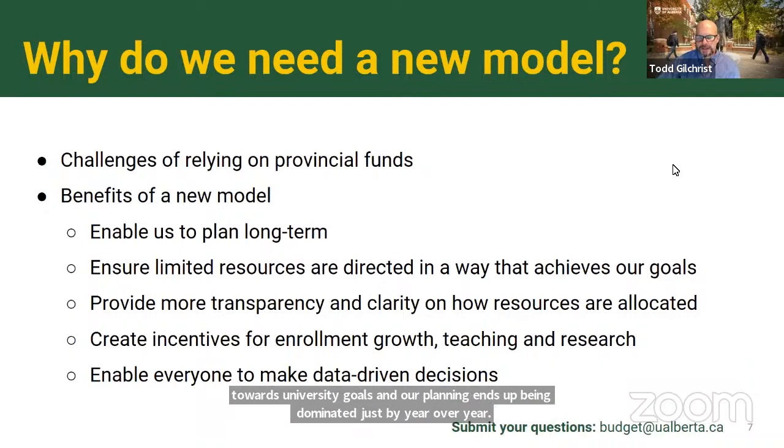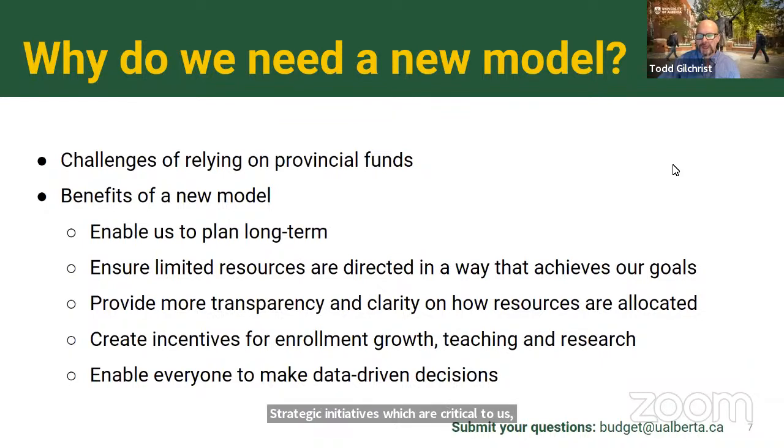It on its own doesn't secure sufficient funding for strategic initiatives, which are critical to us achieving our goals as a university, and it doesn't create the right incentives with respect to growth, right? Whether that be enrollment growth, research growth.